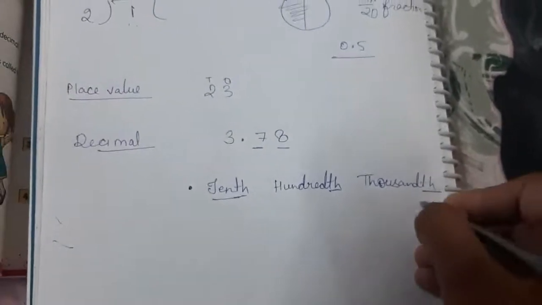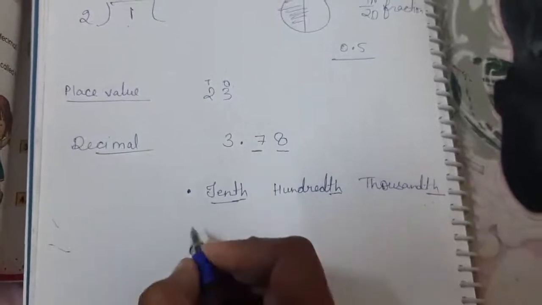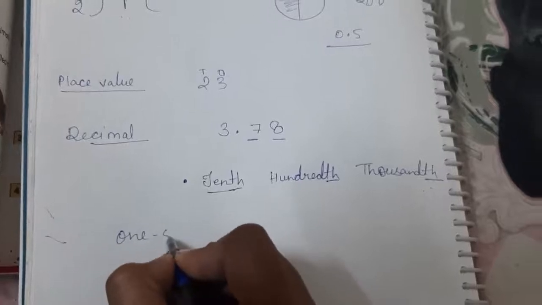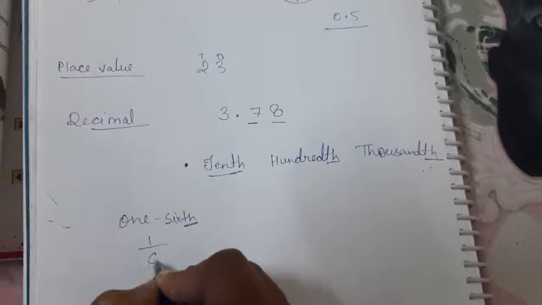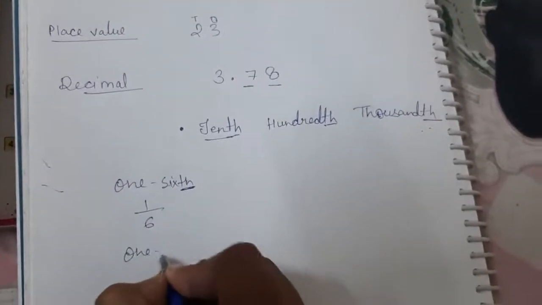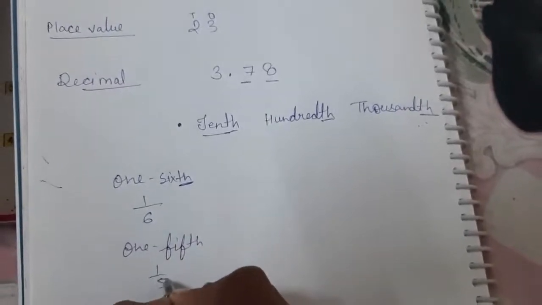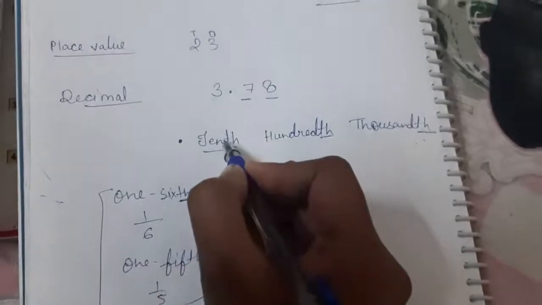This th word shows that the number is in fraction or decimal. Suppose I give you 1/5, you have to write it in decimal. You have already done this type of question, so we follow the same process here.